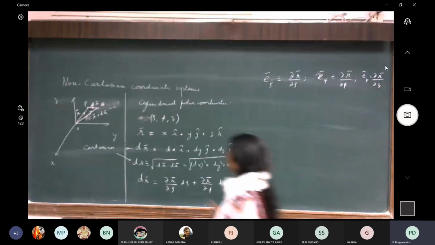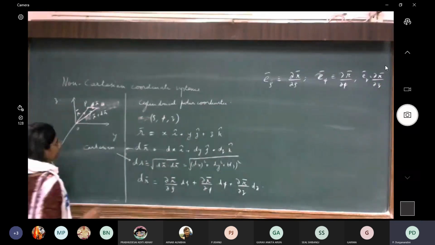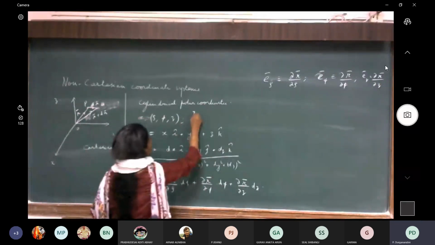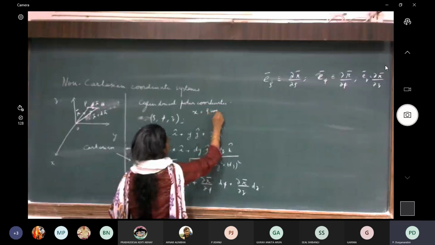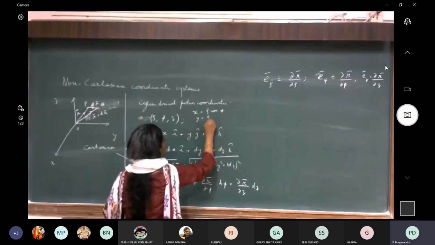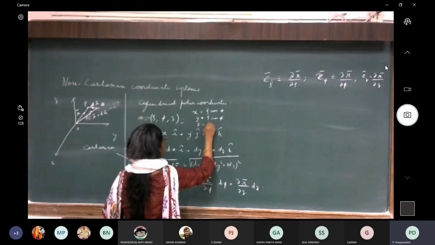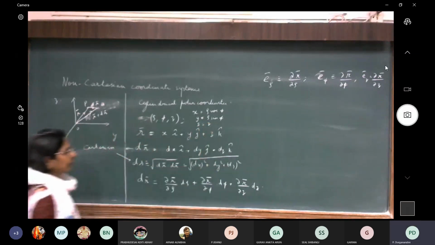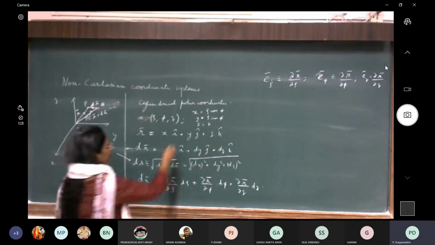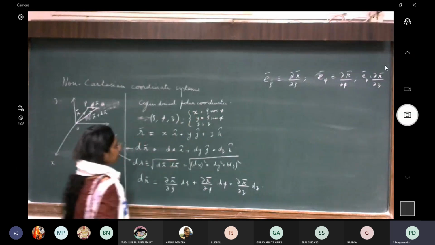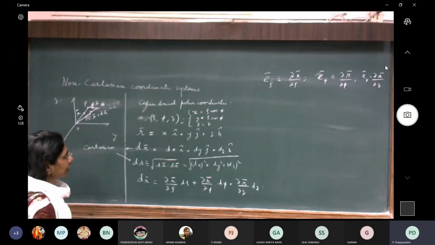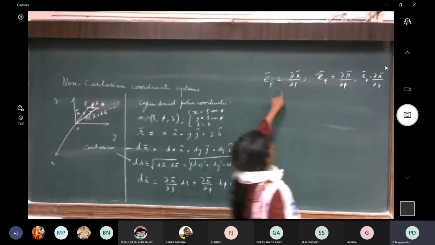For that, the best way is to use the fact that in cylindrical polar coordinates, x is equal to rho cos phi, y equal to rho sin phi, and z equal to z. So this gives you the transformation laws between the Cartesian coordinate system and the cylindrical. We calculated these quantities yesterday.